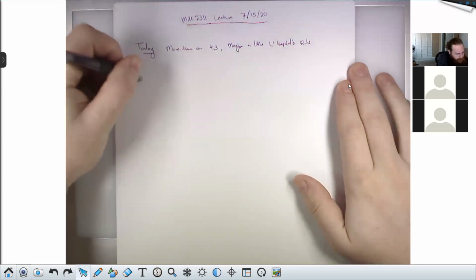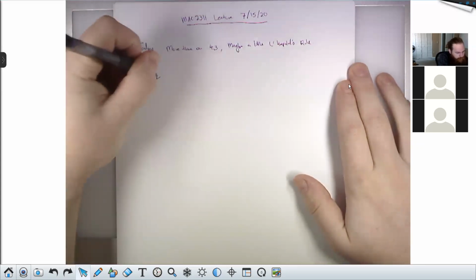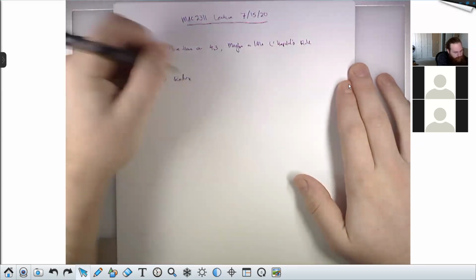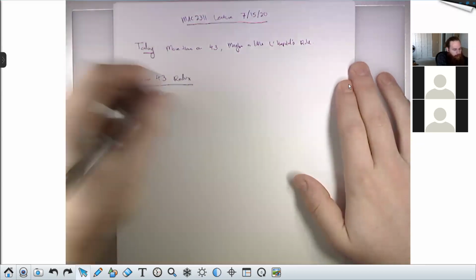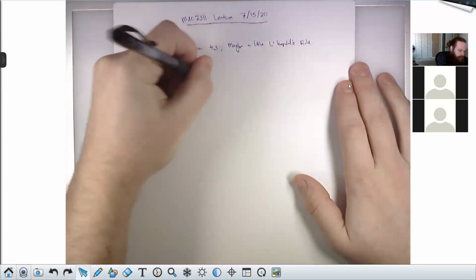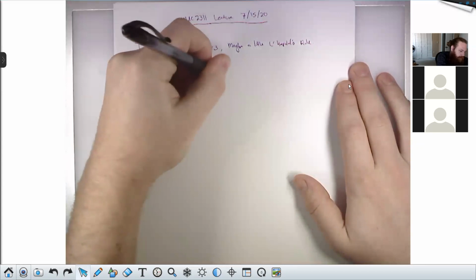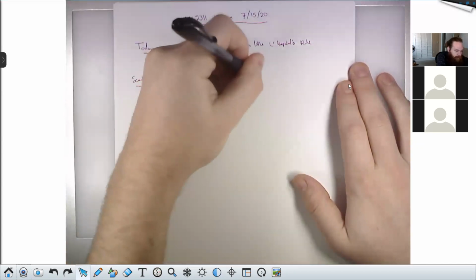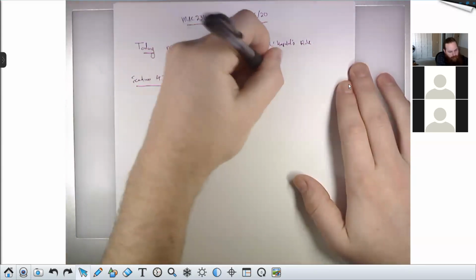So, section 4.3 revisited. Remember, this is on how derivatives affect the shape of the graph.